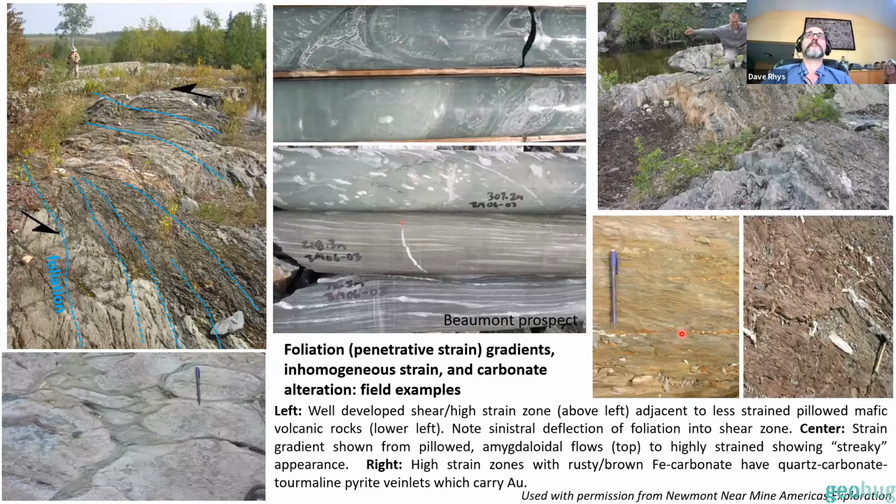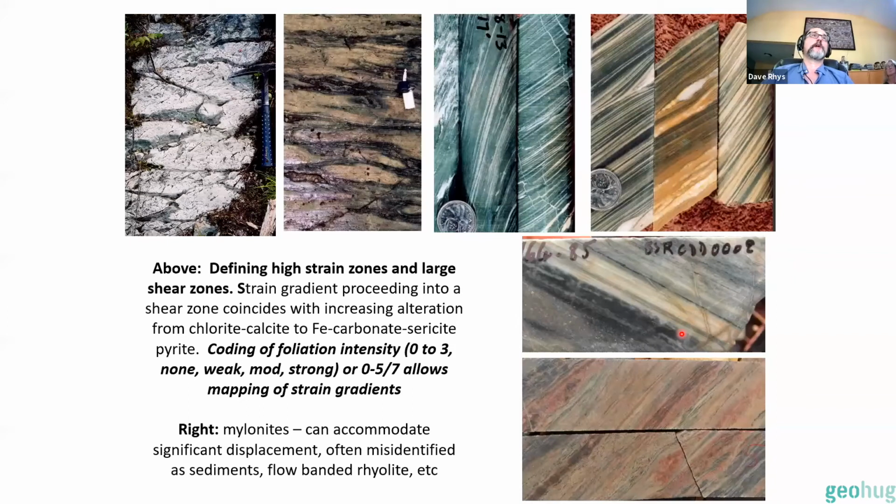And here's a beautiful example of a strain gradient from moderately flattened and partly stretched pillows through progressive deformation into a structure that has about 1 kilometer of displacement on it. In the middle, it's a carbonate, chlorite, muscovite mylonite with completely transposed veins in it. So this rock on the right was this on the left.